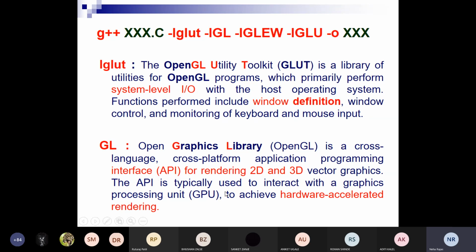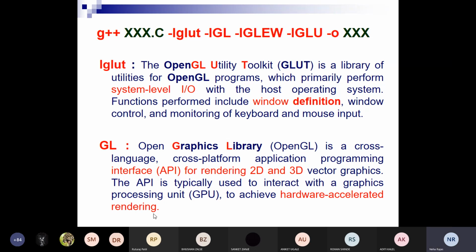Okay. So the API is typically used to interact with the graphics processing unit, that is the GPU, to achieve hardware accelerated rendering. So does anyone know what a GPU is?